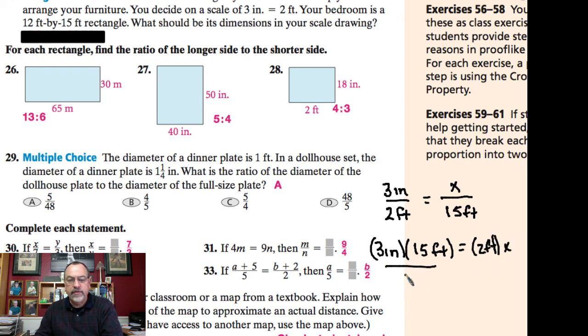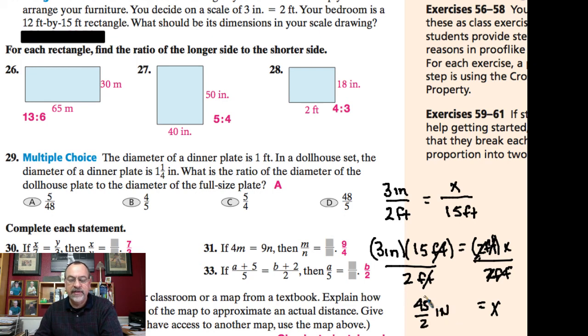I'm going to divide both sides by 2 feet because I want the feet to reduce and I want the 2's to reduce, leaving me x. The feet reduced. 2 doesn't go into either one of these, so I'm going to have to do this just by multiplying it out. 3 times 15 is 45, so it's 45 over 2 inches.